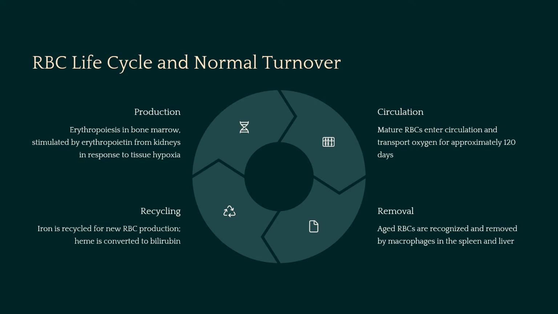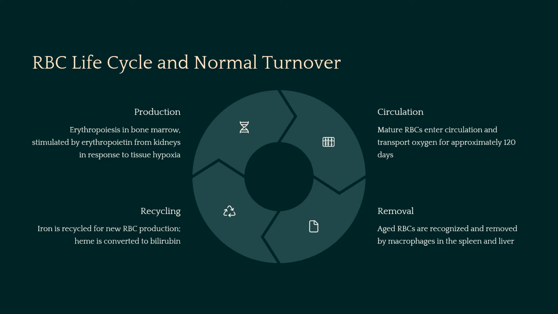To understand hemolytic anemia, we have to understand the life cycle of the RBC and the normal turnover. The normal life cycle of the RBC is divided into 4 parts. Number 1 is the production of the RBC. We all know that the production of the RBC is known as erythropoiesis, which happens in the bone marrow.